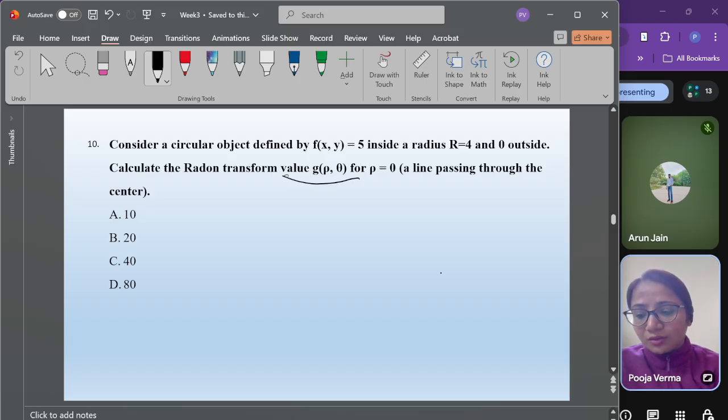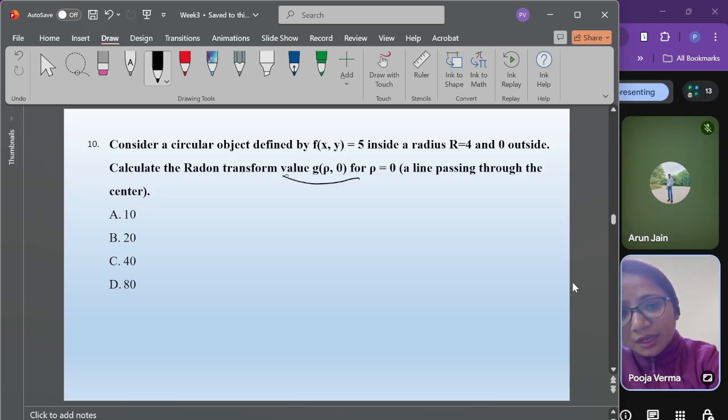So how to solve this question? Have you gone through the Radon transform? Okay, so let's see it here.